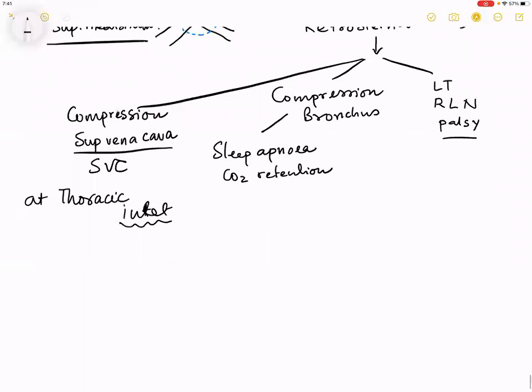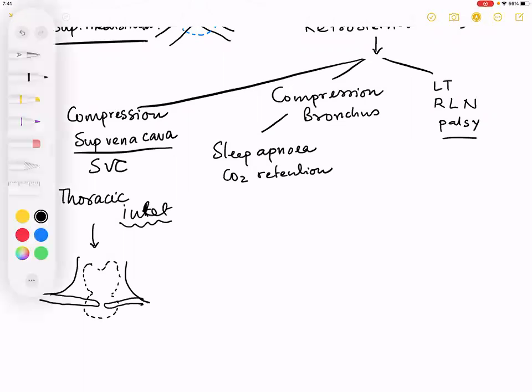But this patient thus will now present with what feature? So that means this is a patient who presented with a retrosternal extension. The goiter is behind the sternum. But how do you know that it is compressing upon the vein?